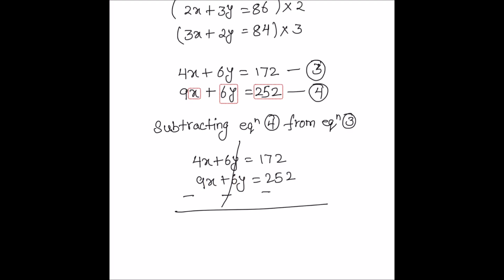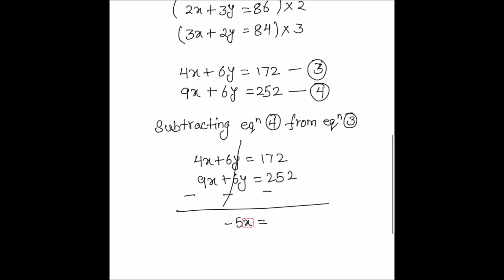So 4x minus 9x will be negative 5x equals 252 minus 172. So that will be 2 minus 2 is 0. 15 minus 7 is 8. So that's 80, and 252 is a bigger number. So here we'll put a negative sign. So that's negative 5x equals negative 80.